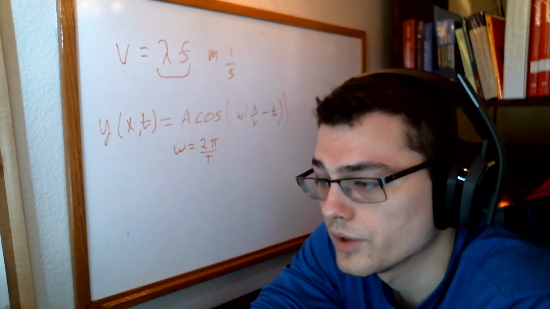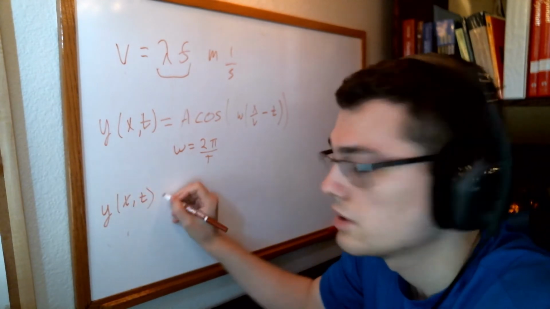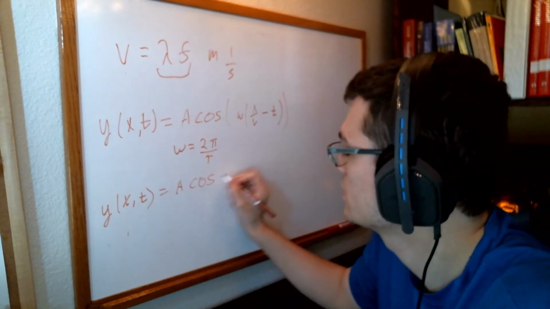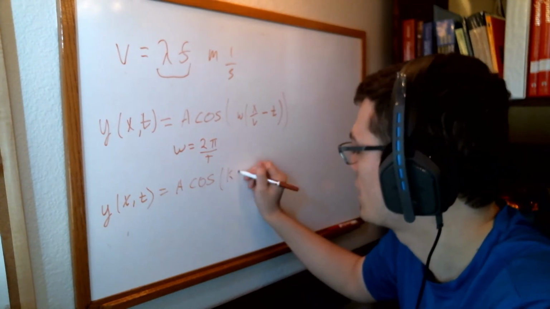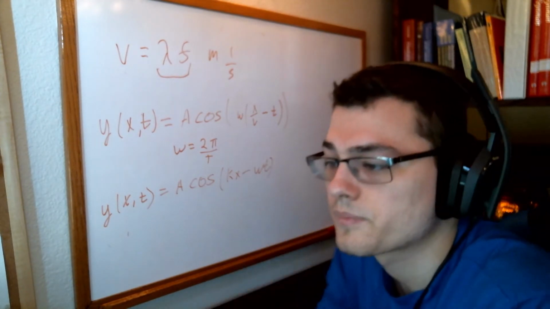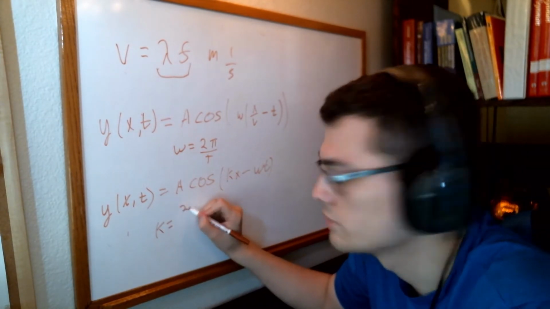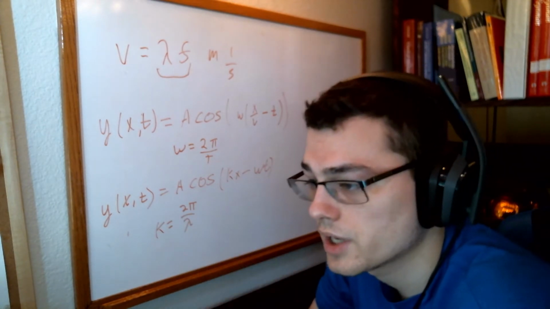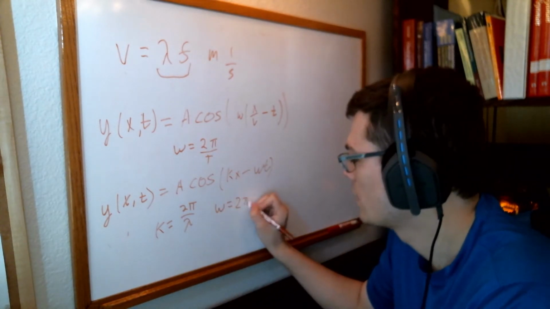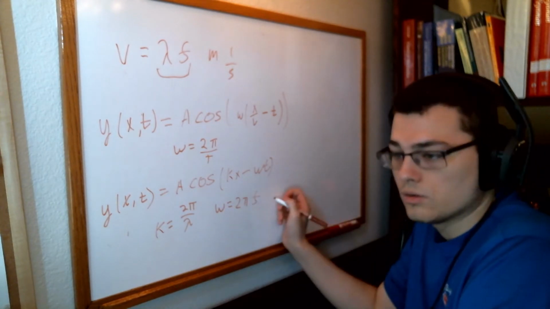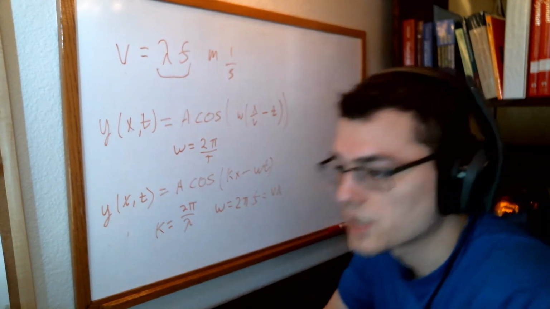Another way to write this equation is that y of x and t is going to be equal to A cosine of kx minus omega t, where k is equal to 2 pi over lambda, and omega again is equal to 2 pi f, or you could say that this is equal to v times k.